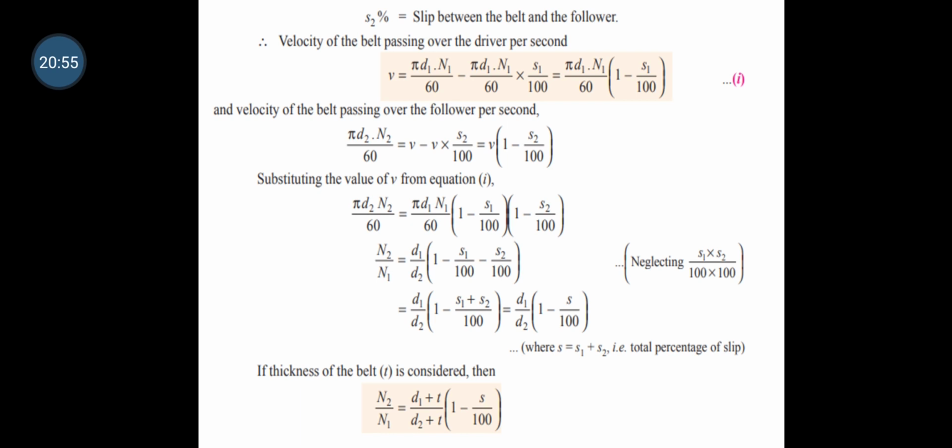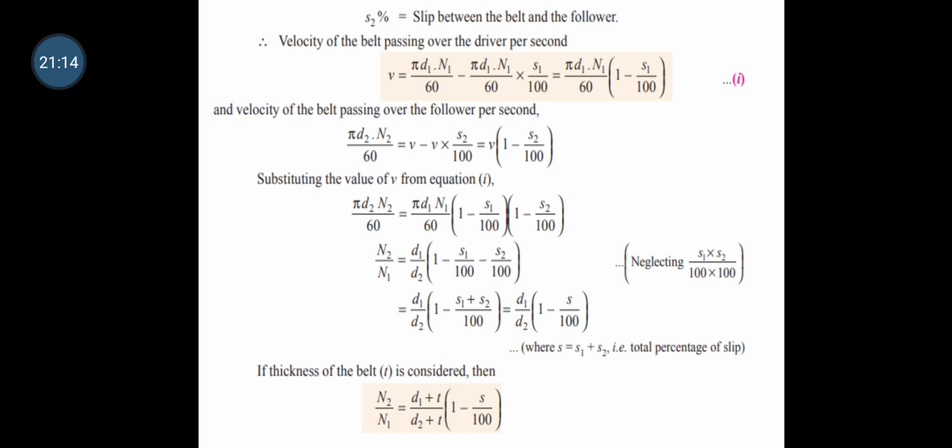That is equation number 1. And the velocity of the belt passing over the follower per second: pi d2 n2 divided by 60 is equal to V into 1 minus S2 divided by 100.